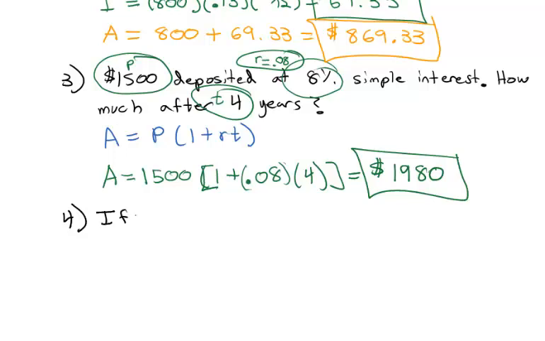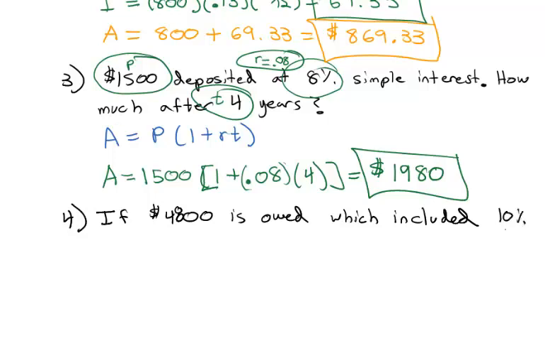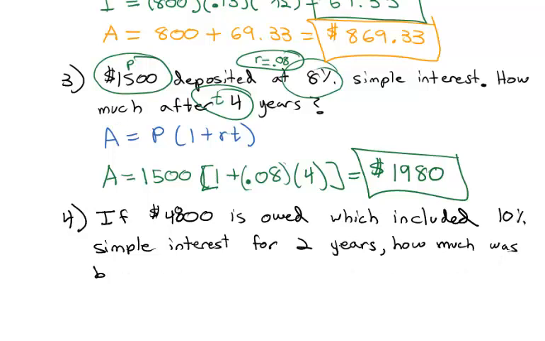So let's say if $4,800 is owed, which included 10% simple interest for 2 years. How much was borrowed?